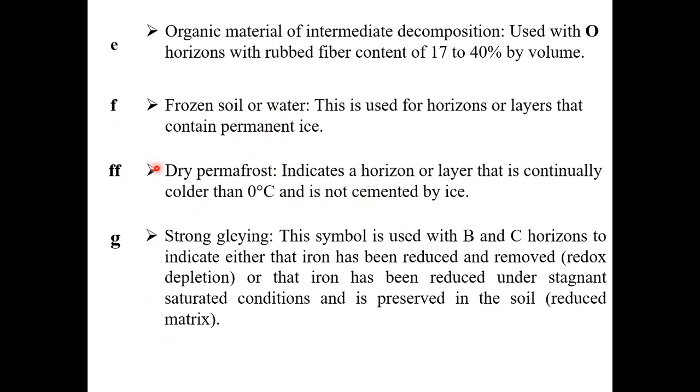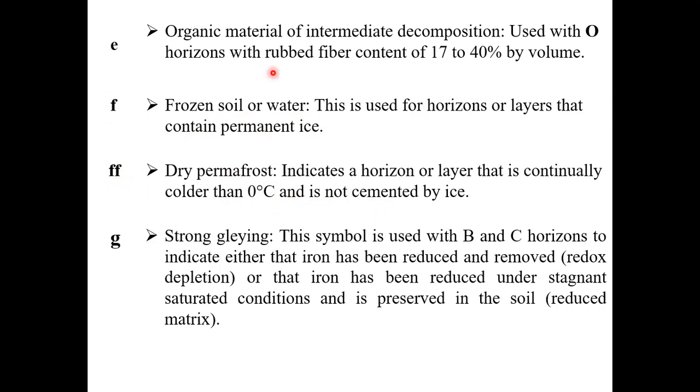Some frost means snow-type ice, but it was not cemented by ice. The particular soil was not completely cemented by ice, but here you can see soil and water completely frozen. That's the difference between small f, meaning frozen, and double f, meaning there is no cementation in the soil, whereas here you can see some cementation.